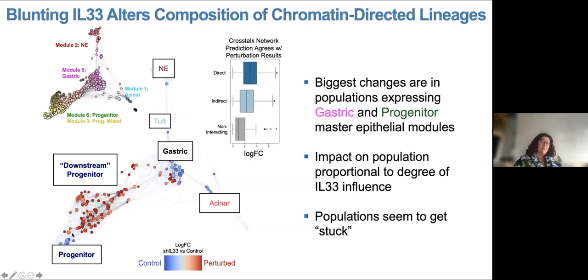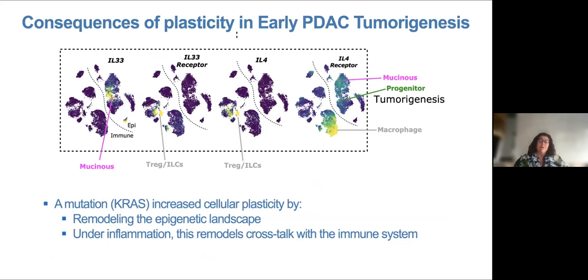And what we can see is that we have these progenitor cells, these get depleted, they move forward into this sort of downstream progenitor state that usually continues into the gastric pyloric-like state, but in the IL-33 perturbations, they seem to get stuck. So to really summarize the story, what we really see is that the KRAS mutation induces cellular plasticity through mechanisms.